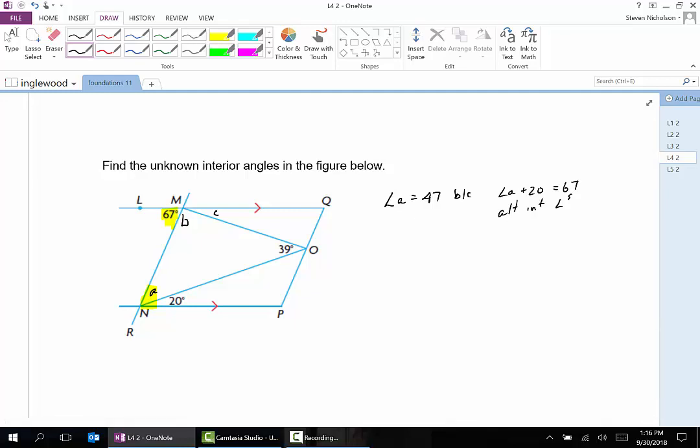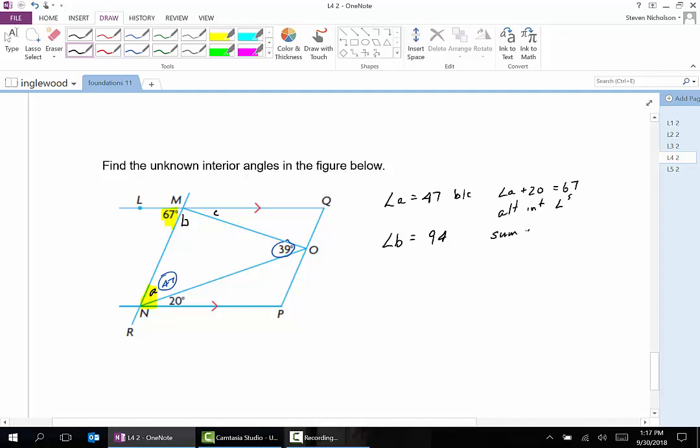Great. Now, I know something about angle B. Angle B is equal to 94 degrees. And the reason I know that is, now that I know angle A is 47 degrees, we can use the sum of interior angles of a triangle.